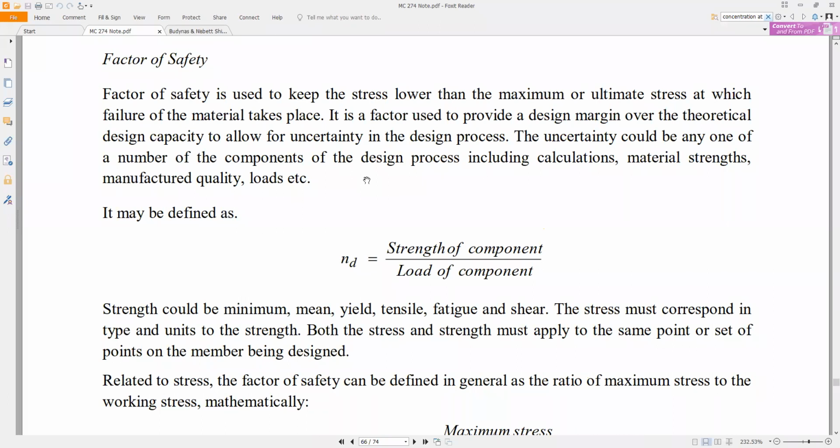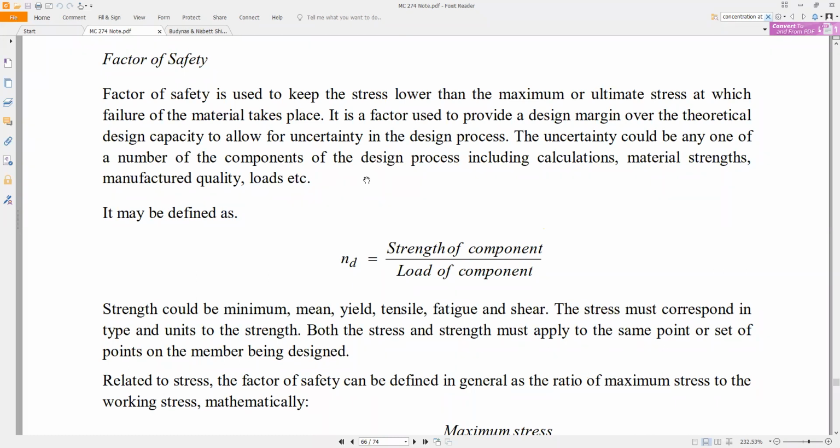And of course, the loads too. You may not predict correctly the loading conditions. Like the examples I gave, the loading conditions on the road when you are driving your vehicle will depend on several factors on the road, which you may not be able to predict or know. So at times it comes to you when you are not really prepared for it.